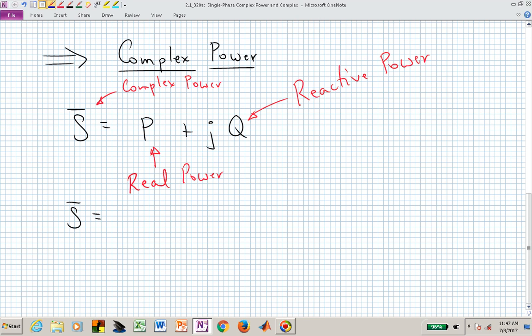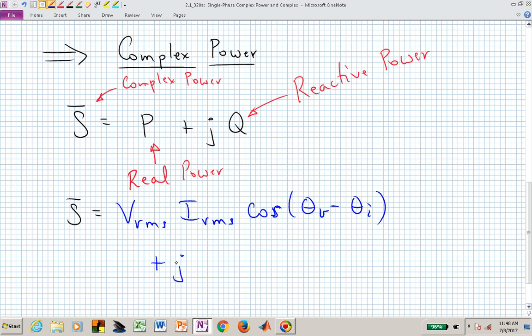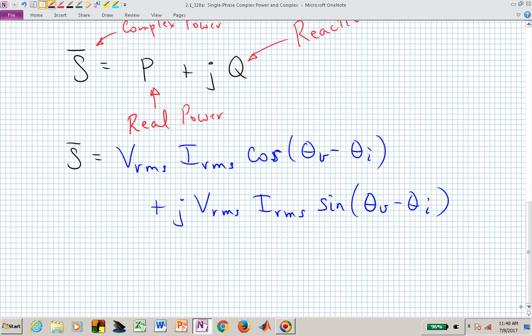P, written in RMS values of voltage and current, was the voltage magnitude in RMS units times the current magnitude in RMS units times cosine of theta sub V minus theta sub I. That's P. And then we add to that Q, which was V RMS, I RMS sine of theta sub V minus theta sub I. And now we have an expanded description of this complex power expression written in terms of voltage and current of a given element or set of elements.